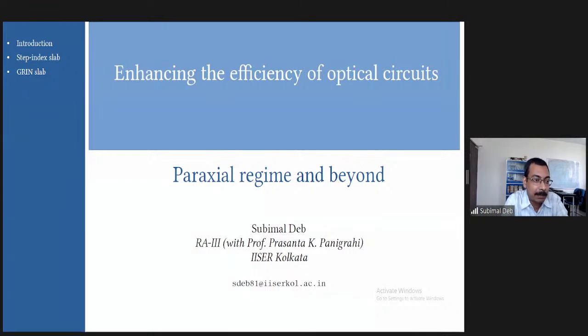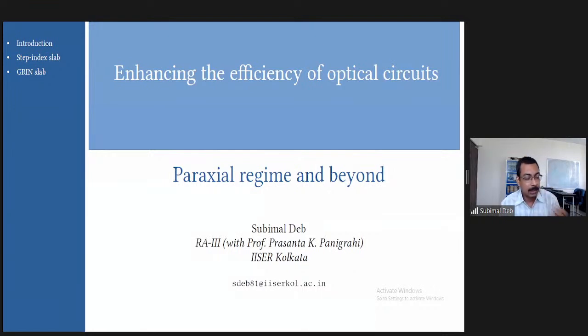If that doesn't happen and you have a loss at one of the interconnects, and such cascading losses keep on occurring over all the interconnections, then it would ultimately lead to a very lossy circuit. And moreover, with miniaturized optical components, one would like to go to sources which are very small in size, and that leads us to the non-paraxial domain.